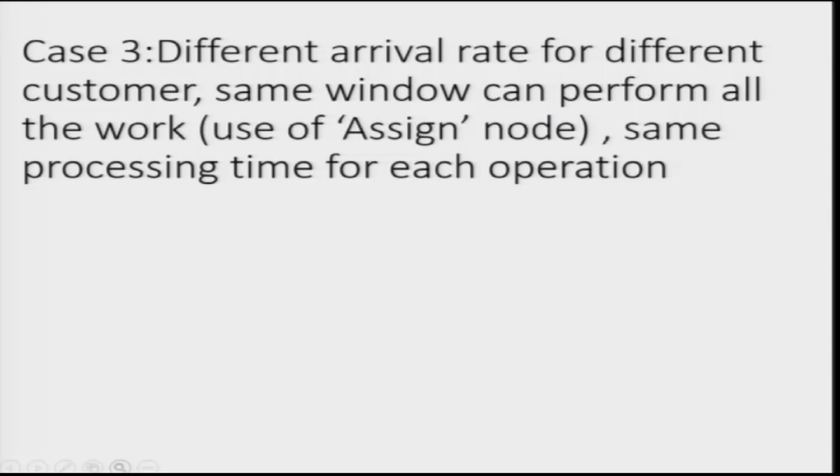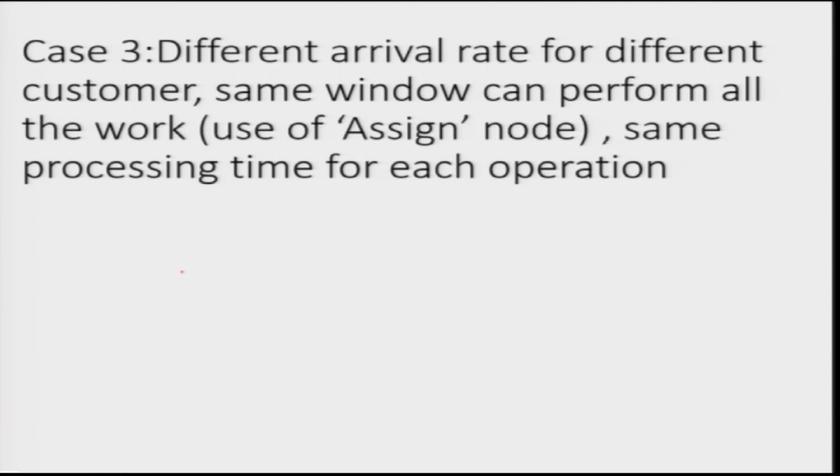Depending upon the variety of the work, the customer does not need to choose a different window. They go to the same window and get their work served. We'll first develop this on paper, then go to Arena, and explain why and how the assign node is required.